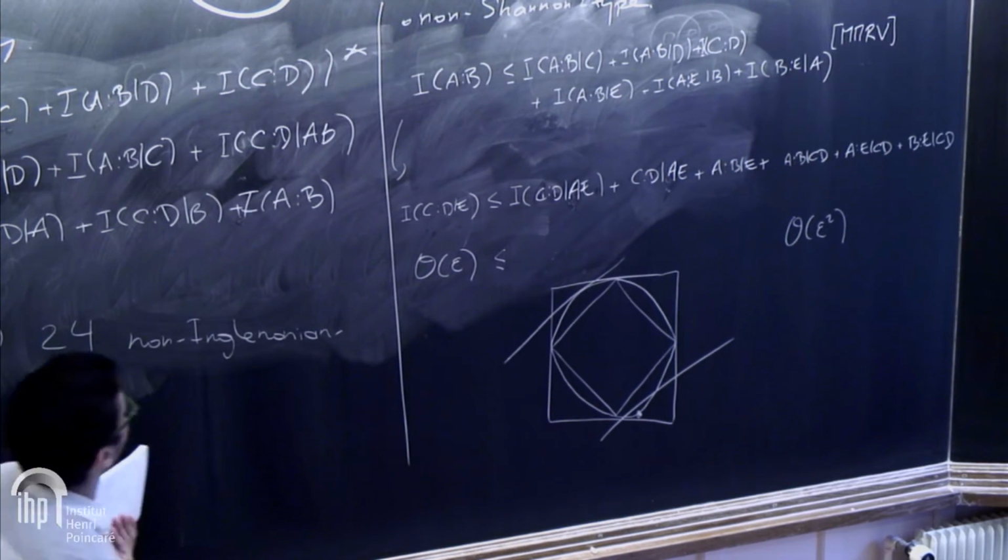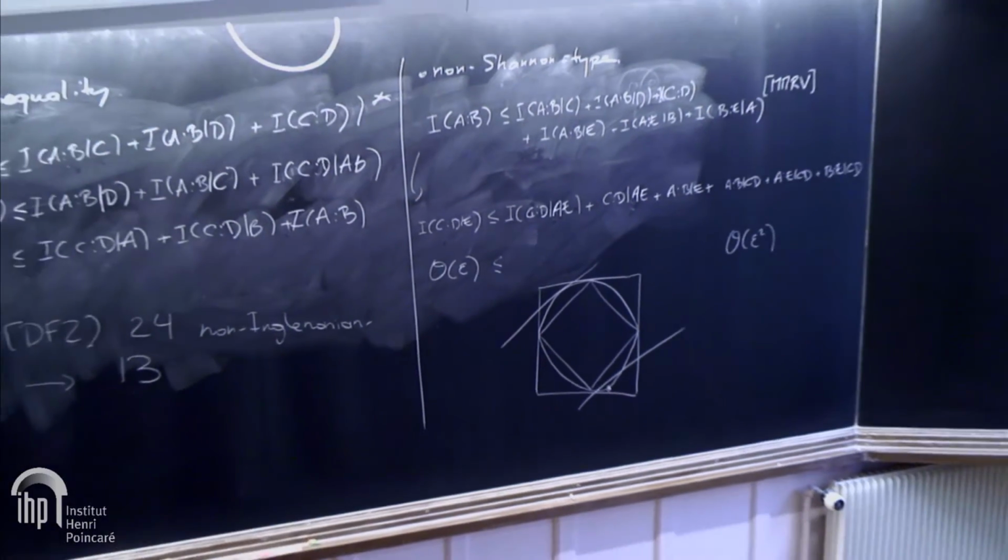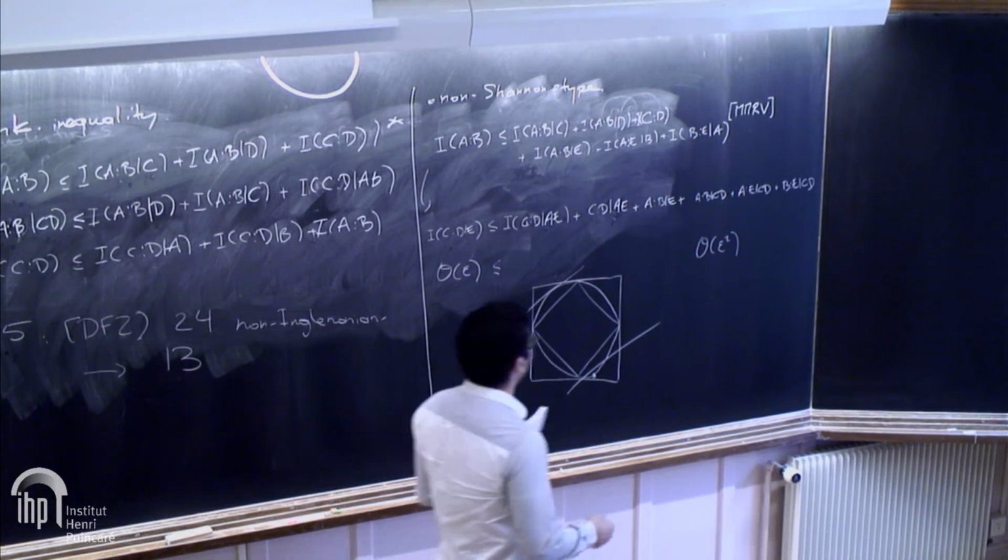So somehow, we have defined a cone that is not stable by duality inside 2 cones that are stable by duality.